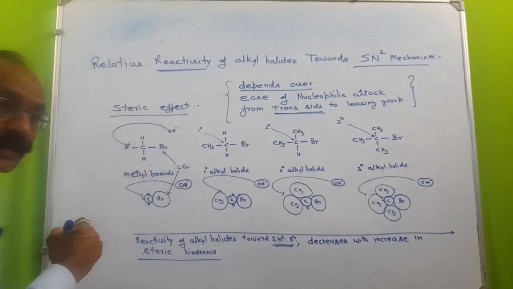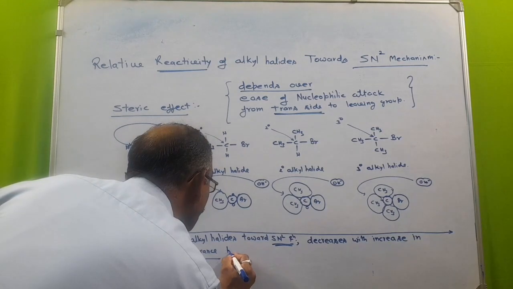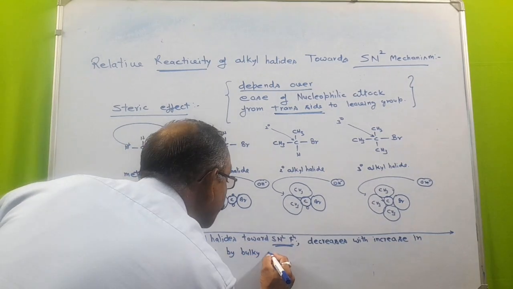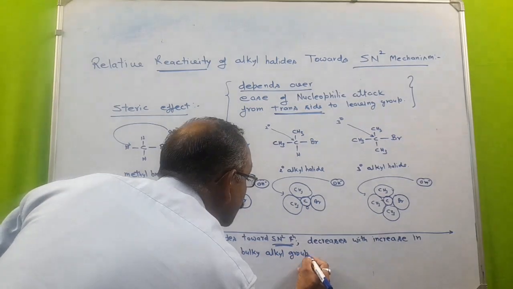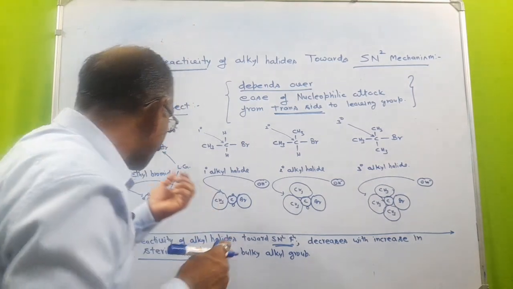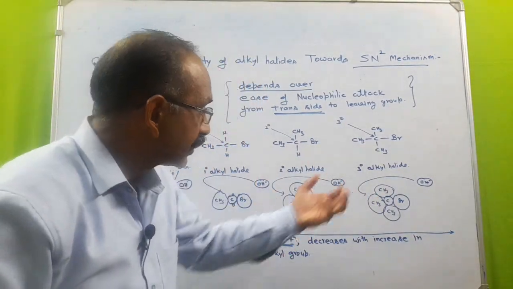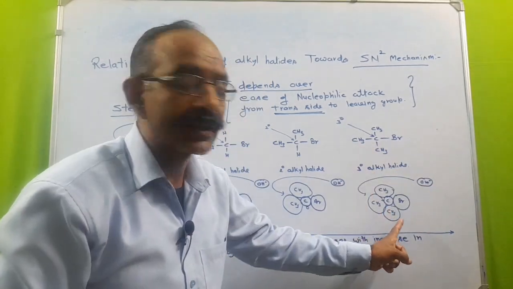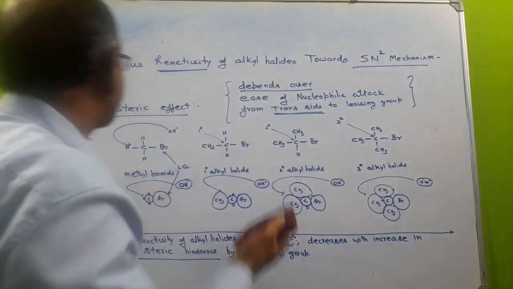Increase in steric hindrance by bulky alkyl group. See, in this direction the number as well as the size of the alkyl group is increasing. So they are going to hinder the attack of the nucleophile from the trans side. Is it clear?